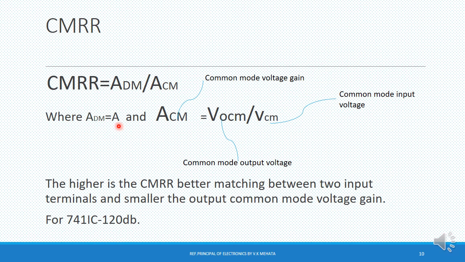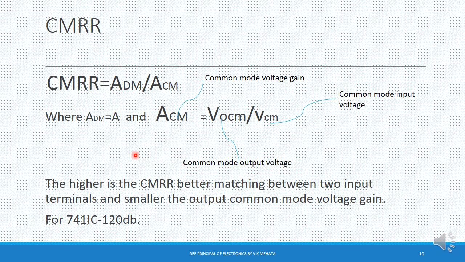Always the open loop gain is very high. ACM is the common mode gain, which is equal to VOCM divided by VCM. VOCM is the common mode output voltage, and VCM is the common mode input voltage.